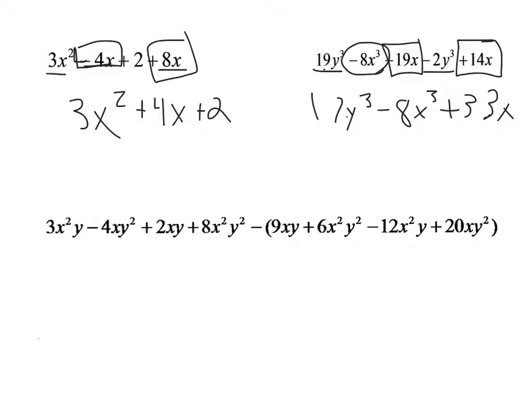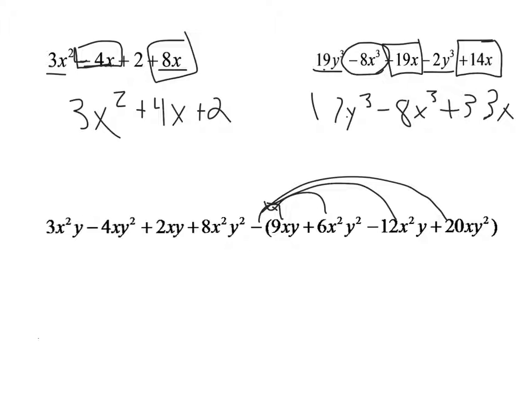Okay, for the last example on this page, we're subtracting a total polynomial. Just like with any other problem where you're combining like terms, if I'm subtracting this whole second half, I want to distribute this negative sign into each and every term.